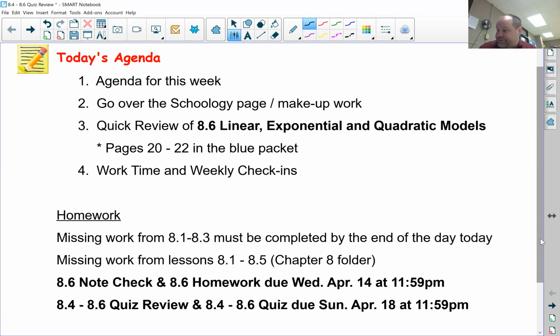But everything else, if it's not done, it's missing. So make sure you get that done. After today, the folder will no longer be red, it'll be gray for chapter 8. You can still access it, but make sure you've got that stuff done.